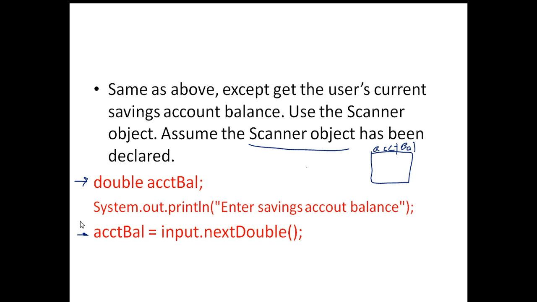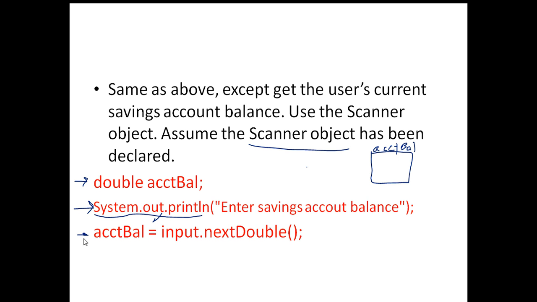So then we use a print statement. When you're using the scanner object, you need 2 statements, whereas JOptionPane only needed 1. And so you've got to have a print statement and an input statement. So a print statement first, and you're prompting the user to enter the savings account balance in this case.